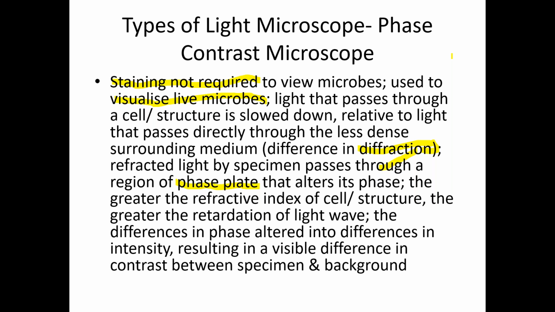Finally, the differences in phase are converted into differences in intensity, resulting in a visible difference in contrast between the specimen and the background. Already we know the light passing through the microbial cell is slowed down compared with the light passing through the less dense surrounding media or the glass slide.